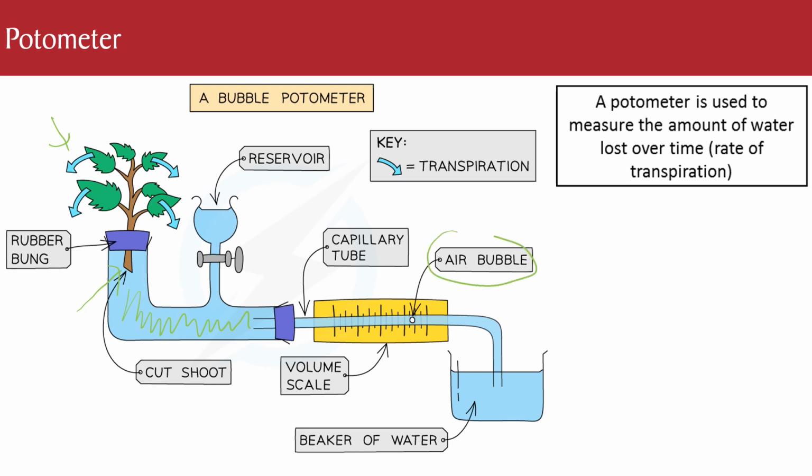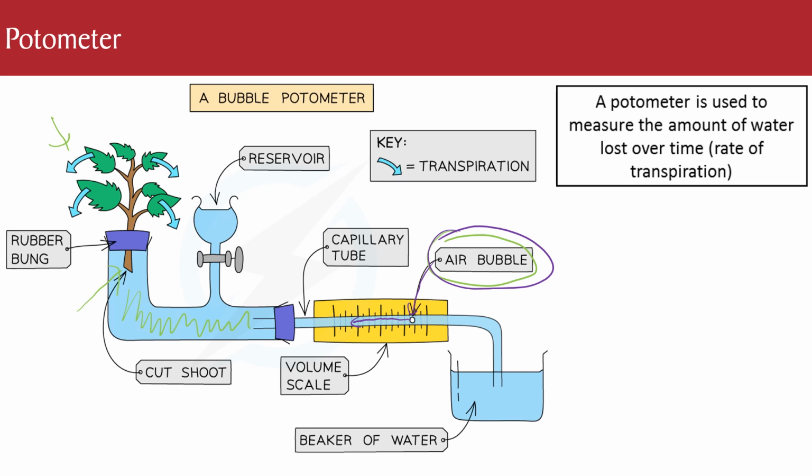And it's all about this air bubble here. That little tiny air bubble there, right, it moves when the plant transpires. So as the plant transpires, the little air bubble moves along this scale. And you can measure the amount of transpiration or amount of water lost based on the distance that that little air bubble moves.